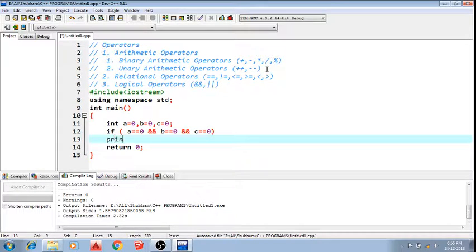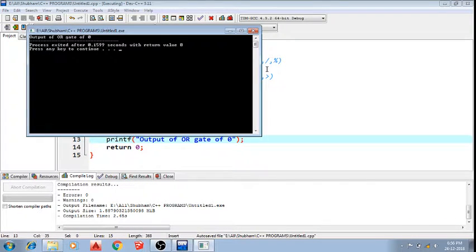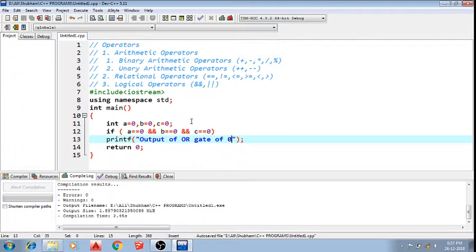So if this comes true, then print output of OR gate is 0. Okay, so I'm going to save it, compile and run. Let's see what happens. Okay, so output of OR gate is 0 because all the inputs are 0.